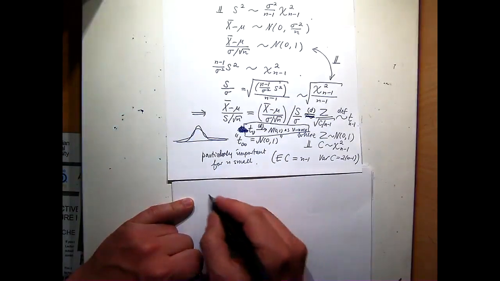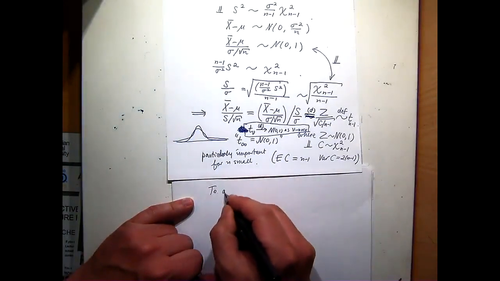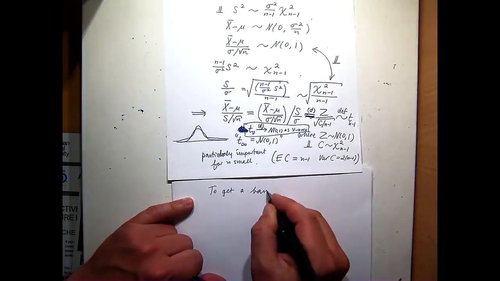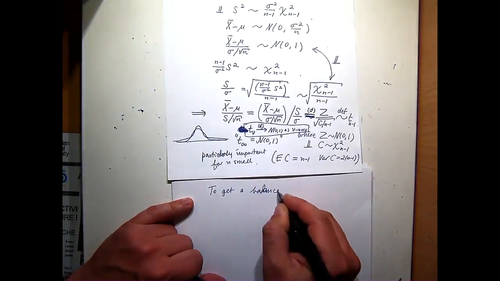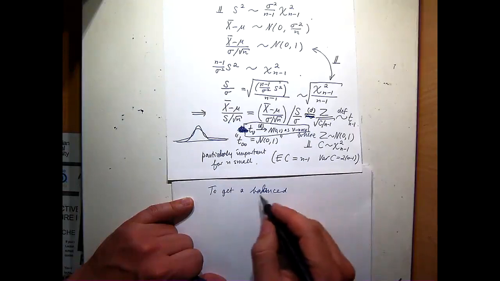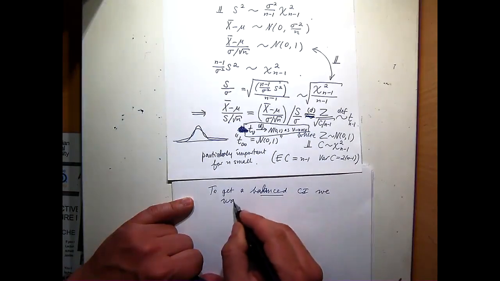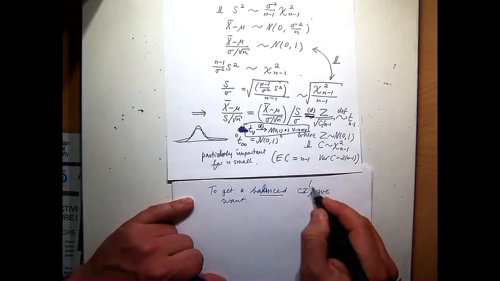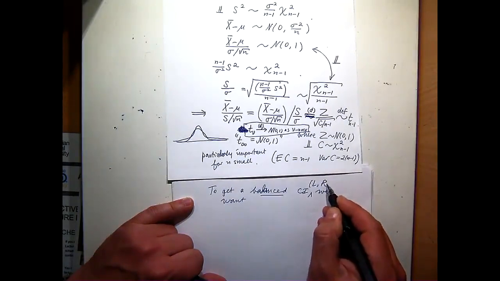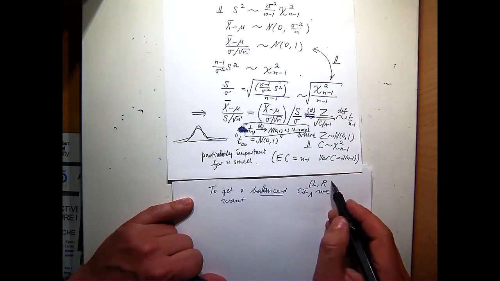Now remember, a balanced confidence interval is not always symmetric. The confidence interval will be a random interval, as I said, with a left bound and a right bound.